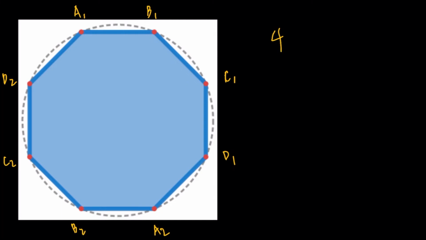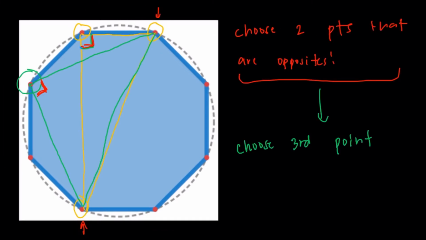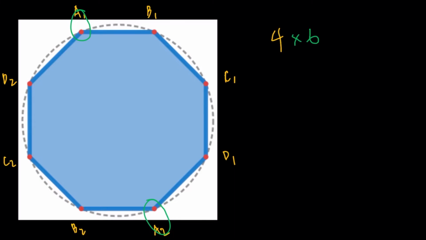For each of these 4 pairs, we're going to have 6 right triangles, so I have to multiply 4 and 6. Why 6? Let's say we've chosen the pair A1, A2. After we choose the 2 opposite points, we choose our third point.